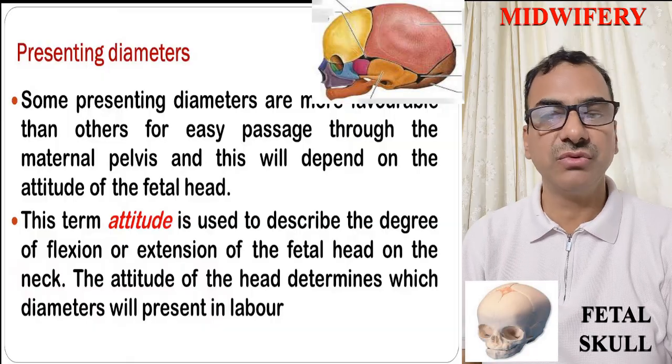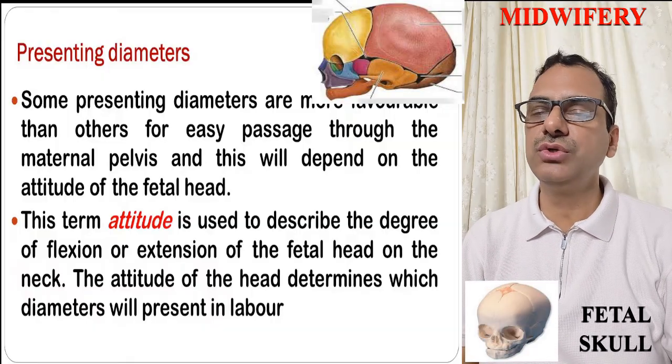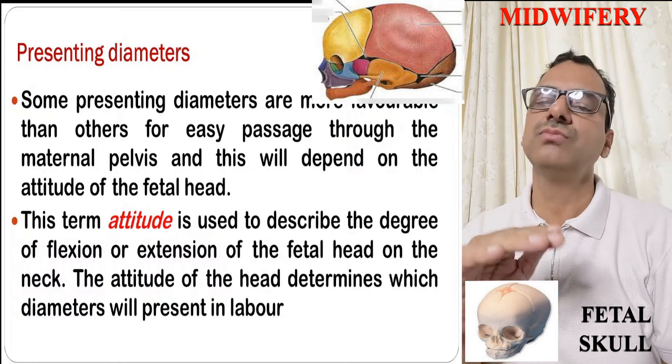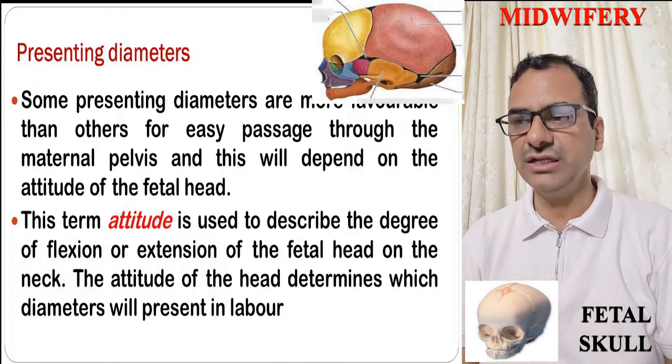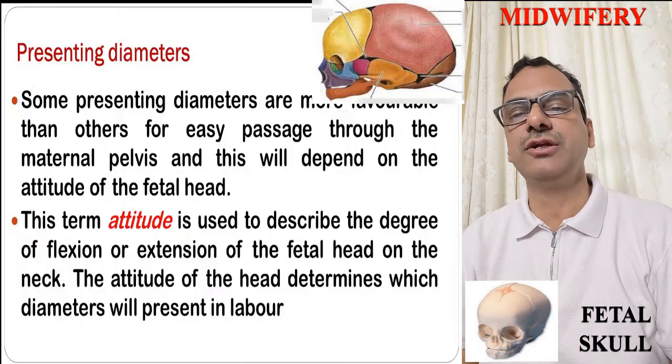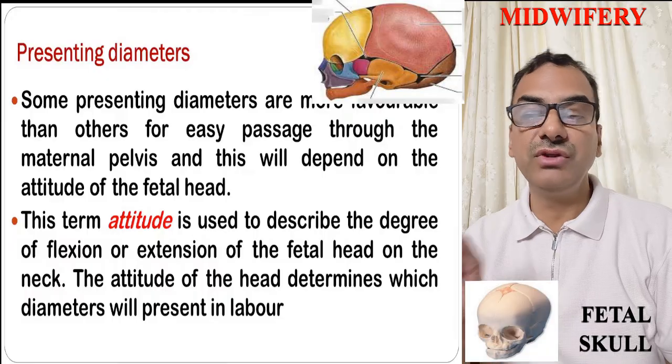So here the question arises, what is attitude? The term attitude is used when we describe the degree of flexion or extension of the fetal head on the neck, like this and like this. The attitude of the head determines which diameter will present in labor.